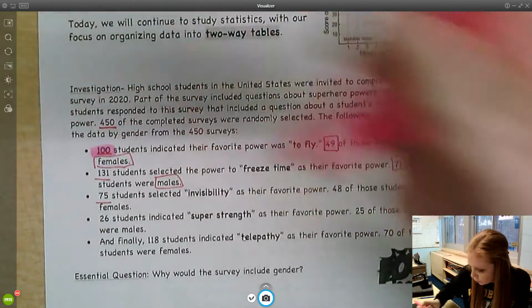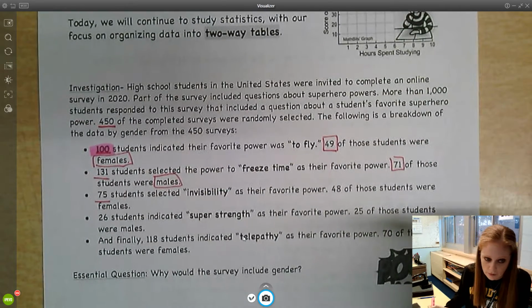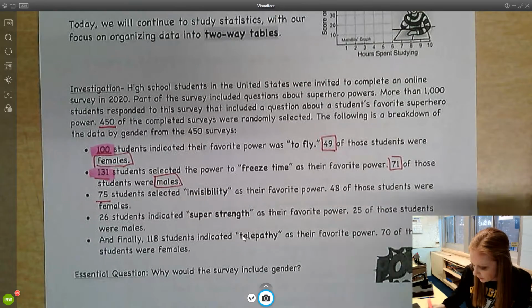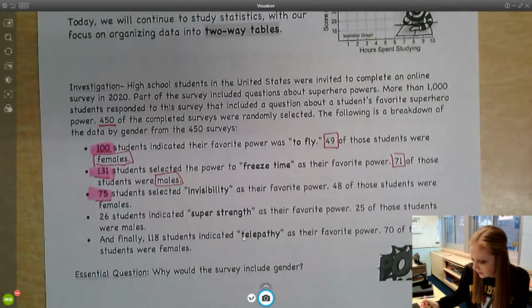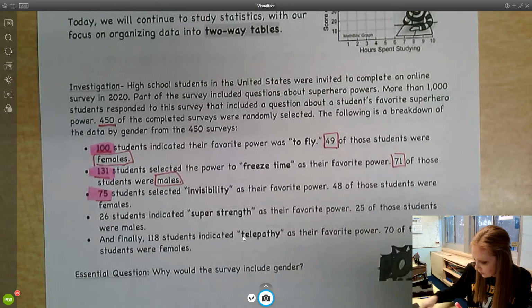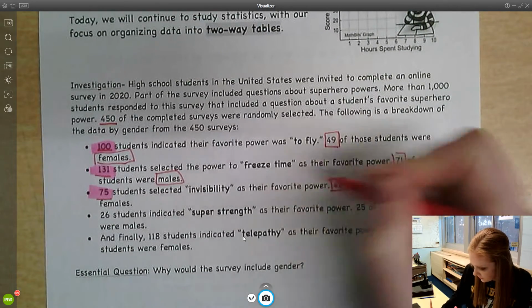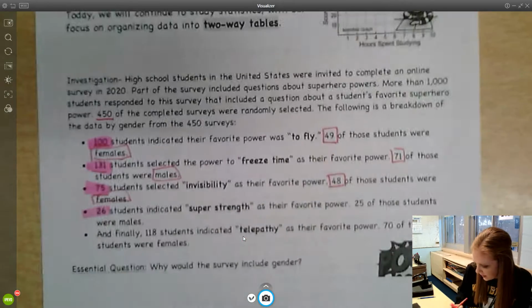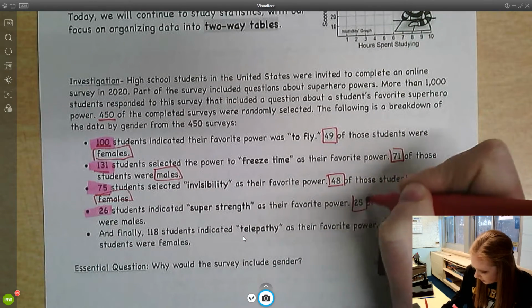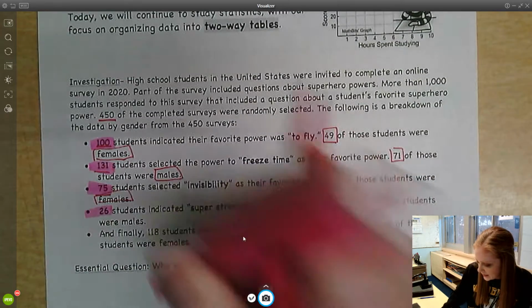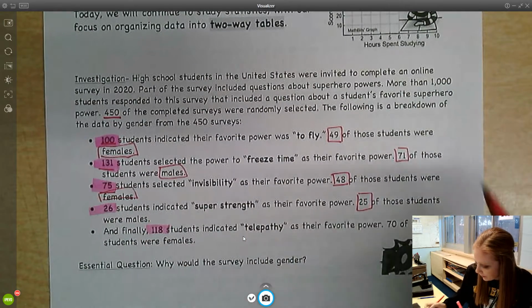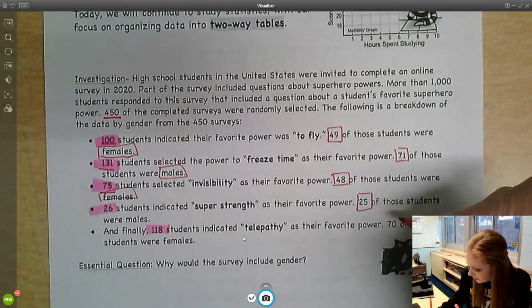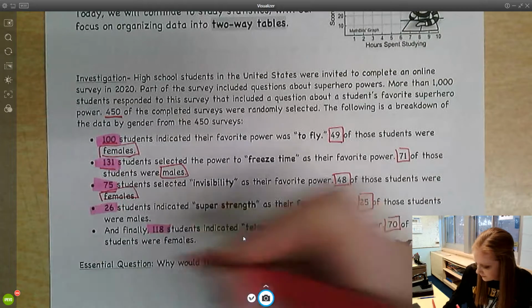So 100 students total picked to fly, and 49 of them were females. 131 students total picked freezing time, 71 were males. 75 total students selected invisibility, and 48 of those students were females. 26 total students picked super strength, and 25 of them were males. Interesting. And finally, 118 students indicated telepathy, I can't even say it, as their favorite power. 70 of those students were females.